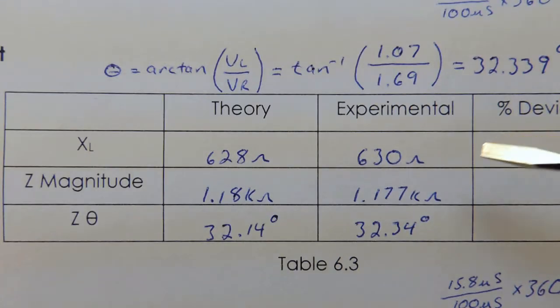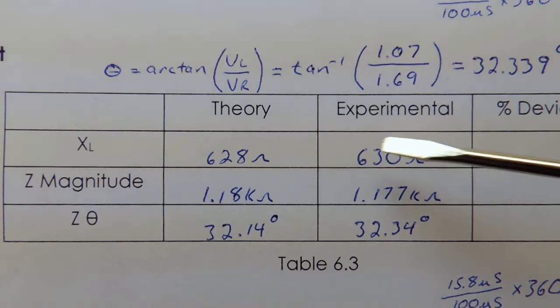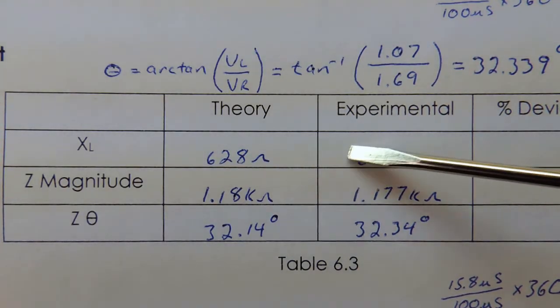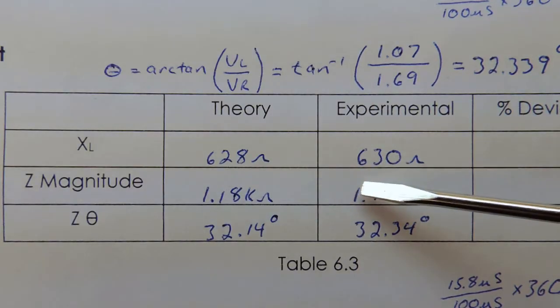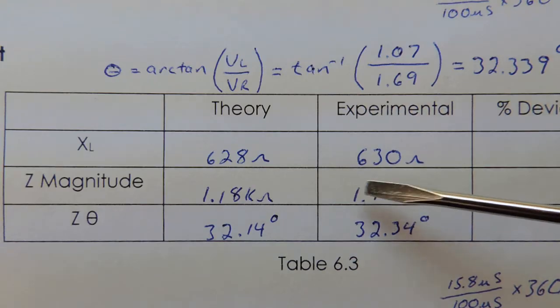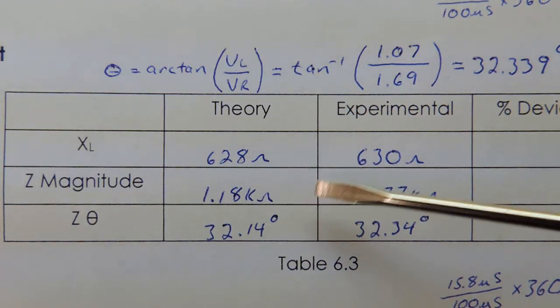So looking at the final results in table 6.3, you can see my XL was 630 ohms compared to the calculated 628 ohms. So this was a lot closer. My Z magnitude, 1.177, pretty darn close to the 1.18 k ohms.